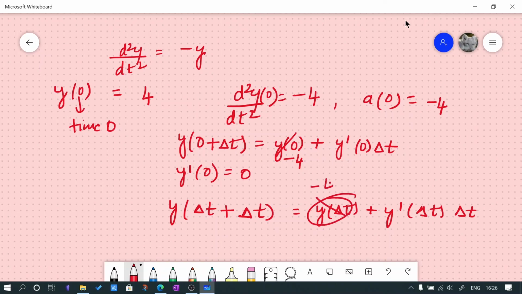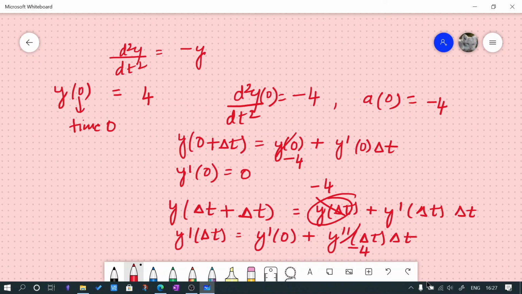It is minus 4, and y dash delta t has to be calculated. y dash delta t is y dash 0 plus y double dash delta t times delta t. y double dash delta t is minus 4. So this is minus 4.